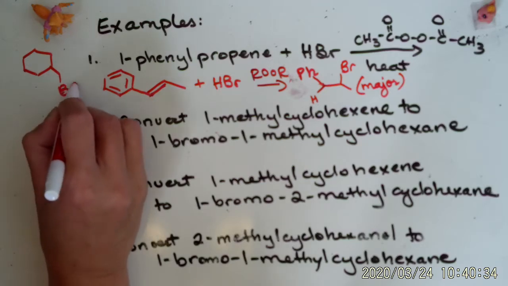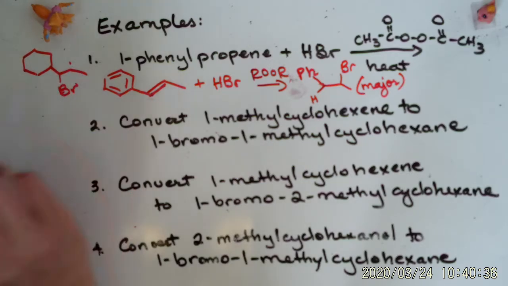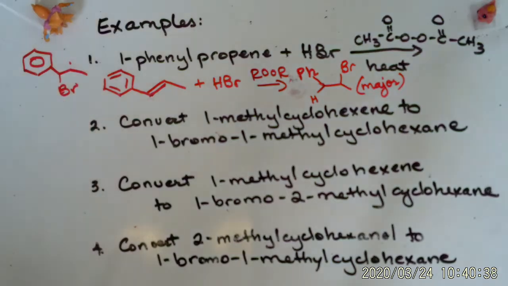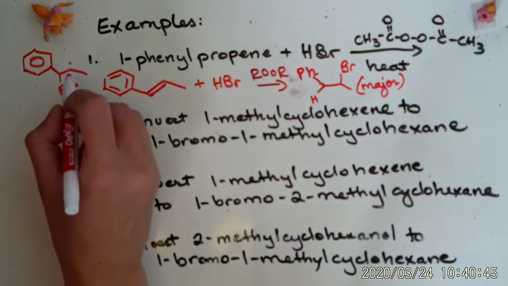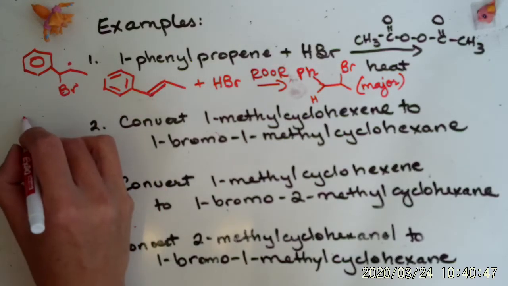One intermediate, if I put my bromine here, I'd have a radical there. Well, there's no stabilization there. It's just a secondary radical. If I look at my other radical, it would look like this.